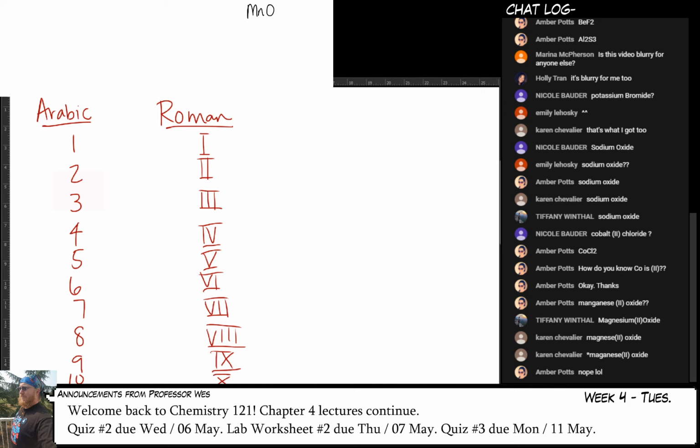And 10 is X. Now, you don't need the top and bottom bars over them if you don't want to. So if you're just writing them like this, that's totally fine. It's just that you will see them in both ways, so just be mindful of that.